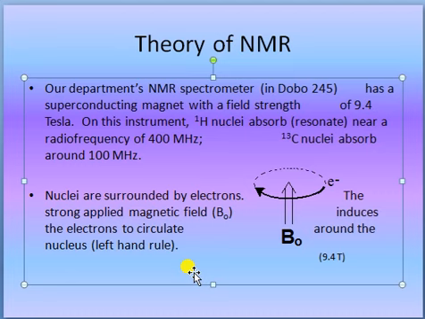That has a magnetic field, and the electron circulating the nucleus also has a magnetic field, and you have already applied a magnetic field from the outside. So you have three magnetic fields.